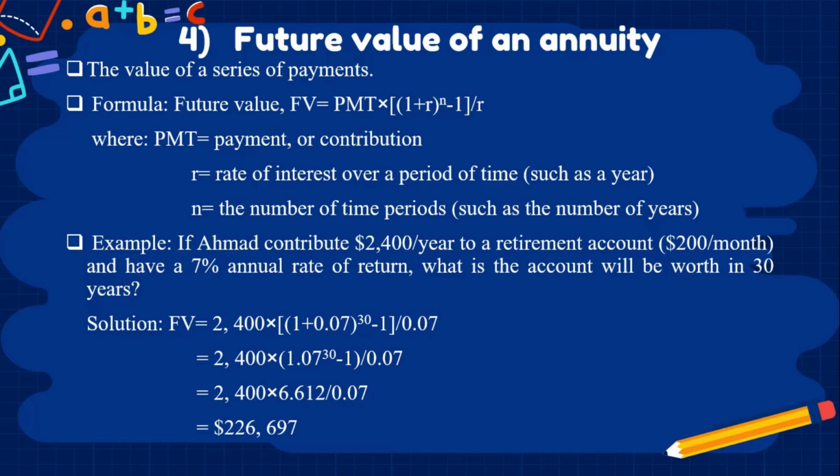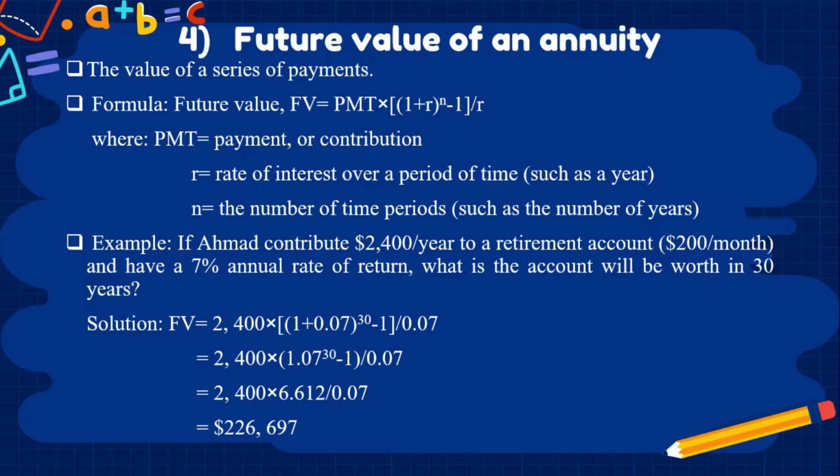For example, if Ahmad contributes $2,400 every year to a retirement account, that is $200 every month, and has a 7% annual rate of return, what will the account be worth in 30 years? So the solution is FV is equal to 2,400 multiplied by 1 plus 0.07 to the power of 30 minus 1 per 0.07.